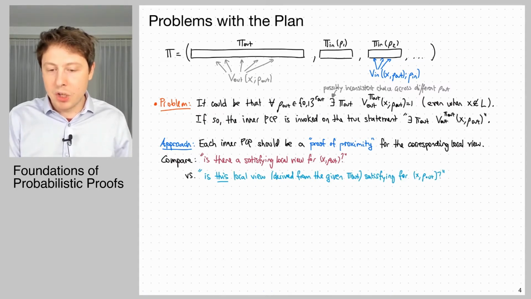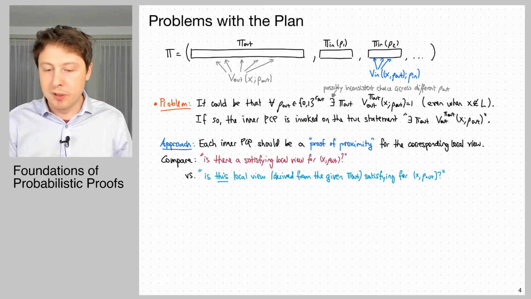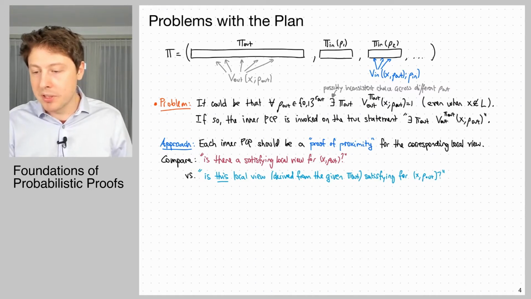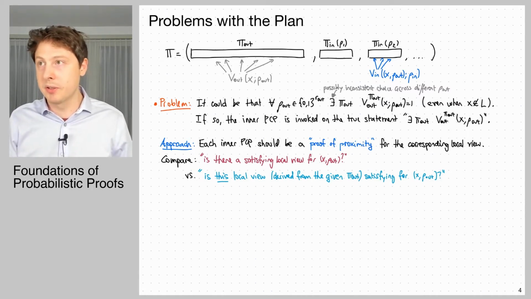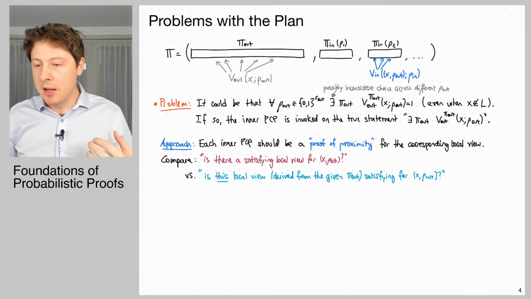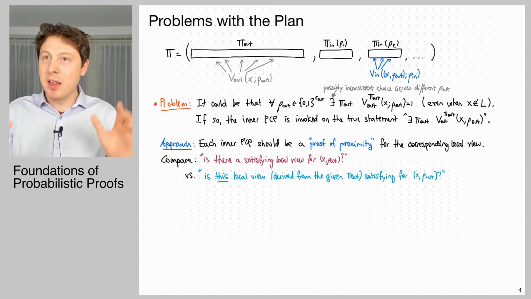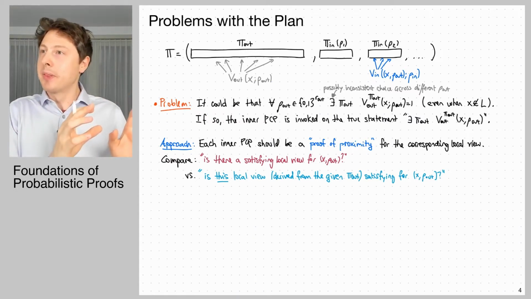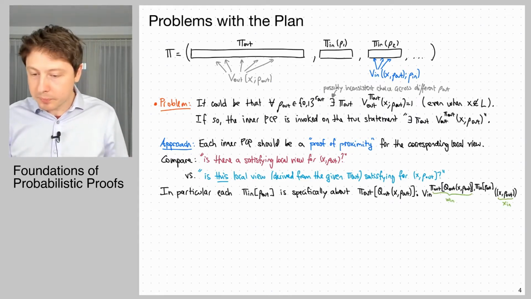So compare the question: is there a satisfying local view for this input to the outer verifier, or is this local view derived from the given pi out satisfying for this choice of instance and randomness? So somehow we have to be able to say, inner PCP, please check something specific about this restriction of the outer proof. Okay, that's going to be our approach.